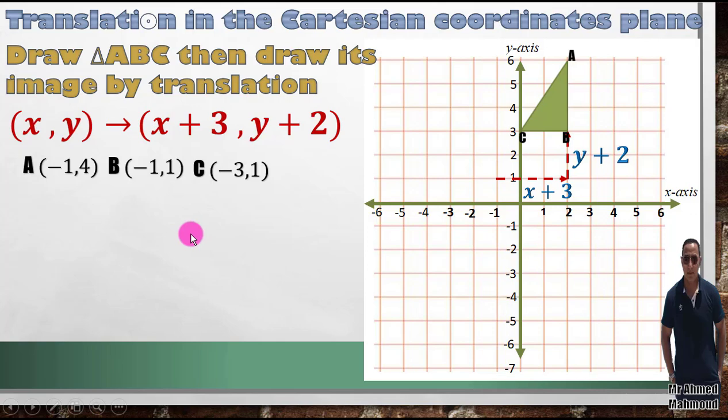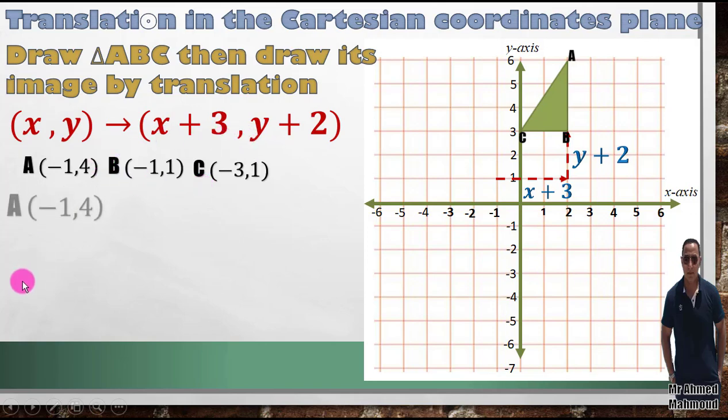I have another way for you to solve this one without a graph. What is the other solution? The other solution is that I write A', B', C' by using this rule.